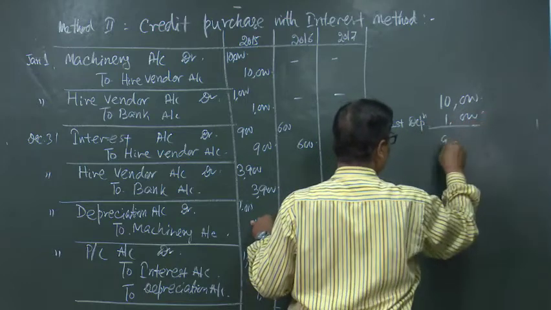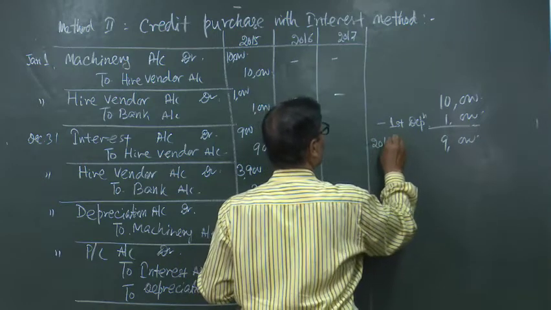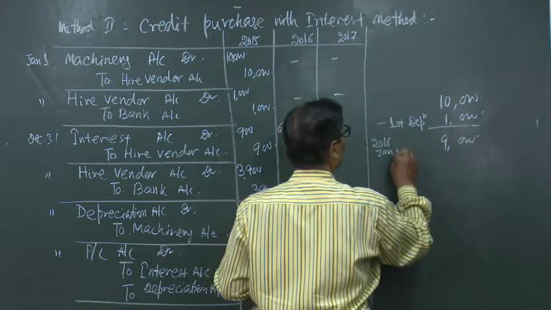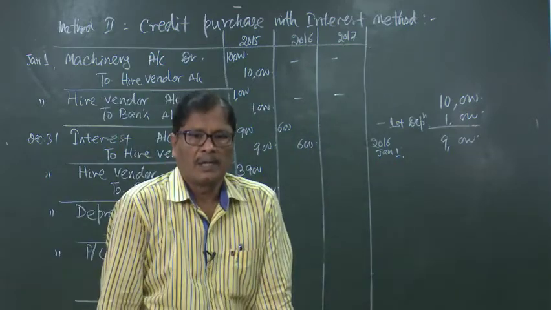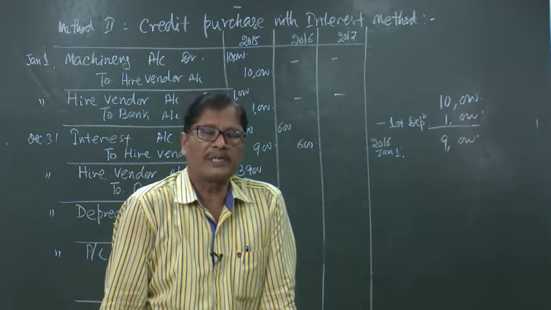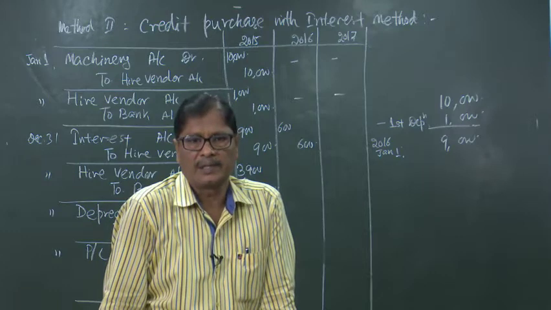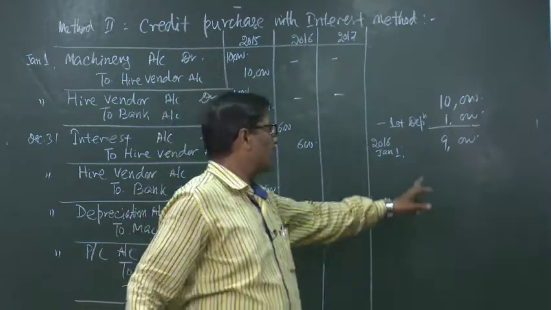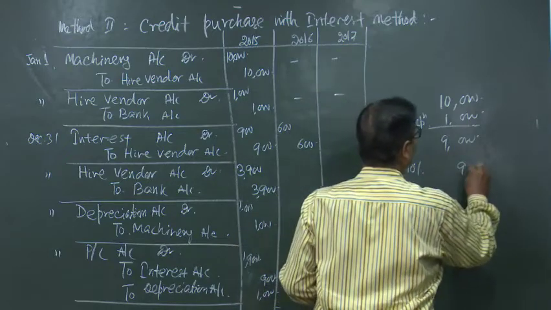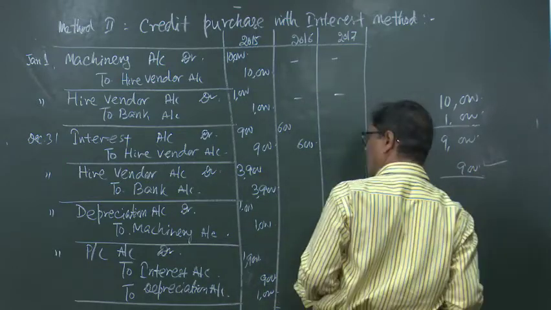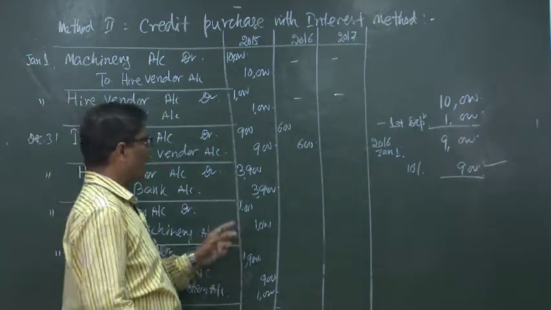So, at the beginning of the second year, that is on January 1st, 2016, the opening balance of the asset was 9,000. Because we have given the instruction to calculate the depreciation as a percentage on the diminishing balance, that is 10%, 10% of 9,000 will be 900. So, the second year's depreciation will be 900, and here is the entry: depreciation account debited to machinery account 900.